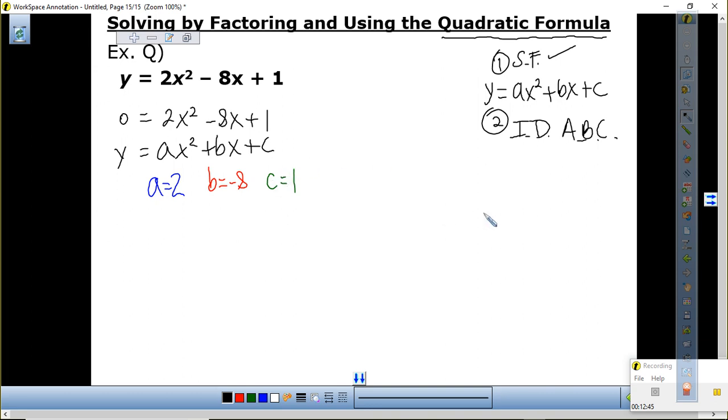Here it goes. Look up. Step 3. I just did step 3.